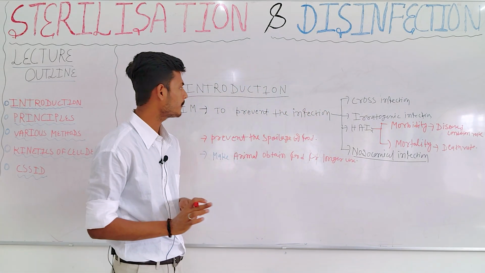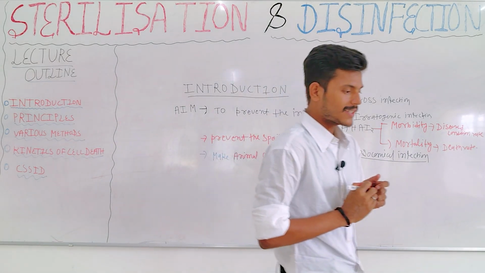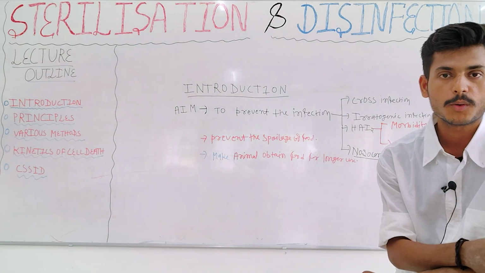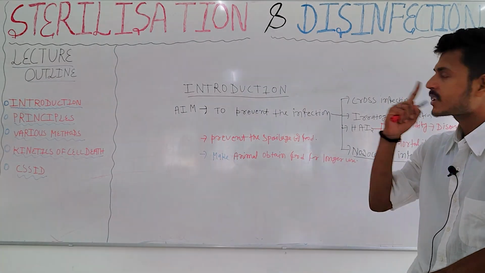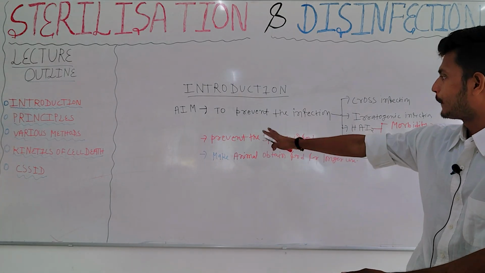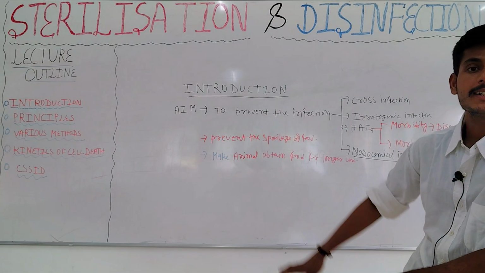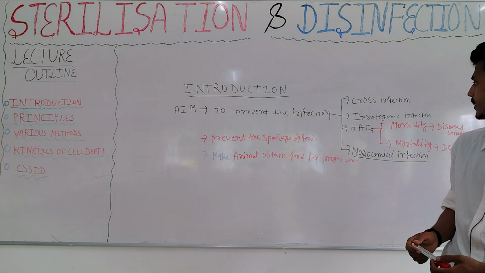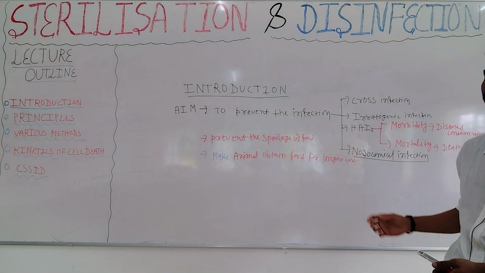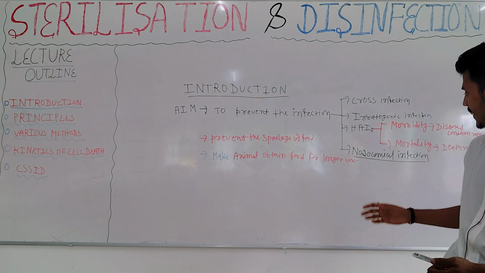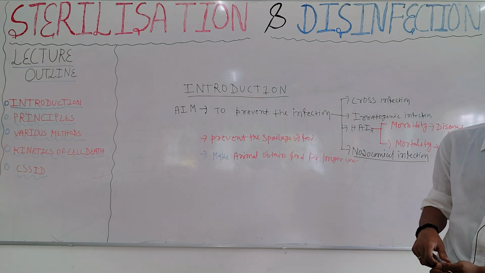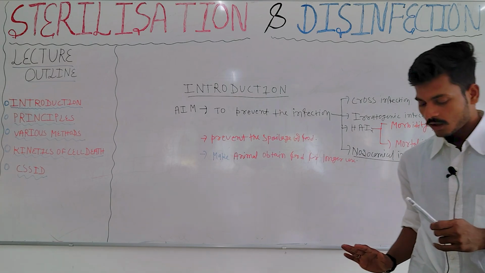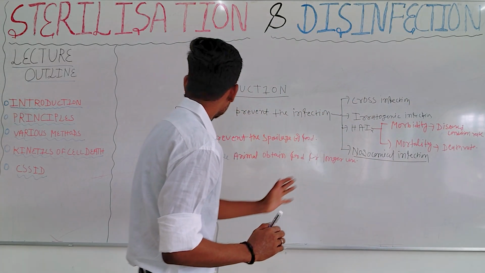No problem. Now, once we have discussed the aim, why we are controlling the microorganisms, remember the main aim is to prevent infection, and these infections can be cross infection, iatrogenic infection, healthcare associated infection, or nosocomial infection.